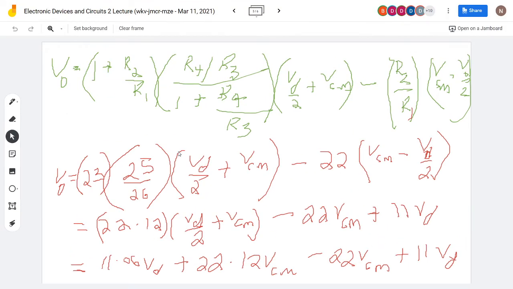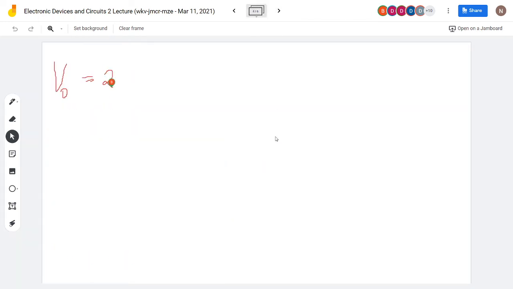So I'm going to be left with the output voltage VO equal to 22.06 VD plus 0.12 VCM.